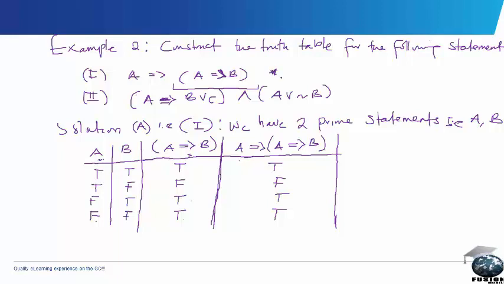Alright, we try to find the solution for the second part of the equation, solution II. Alright, solution II, and you find out that here we have three prime statements.